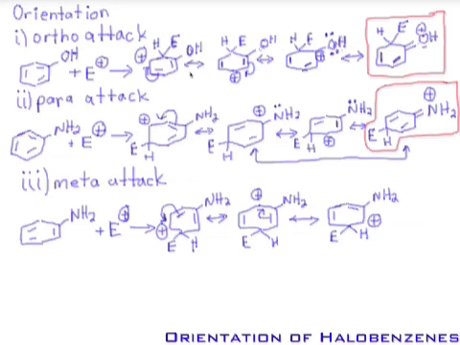Why are the halides ortho para directors? Chloro, bromo, iodo, fluoro, they have 3 lone pairs around the X. I'll use X here. Change the OH to X. X marks the spot.